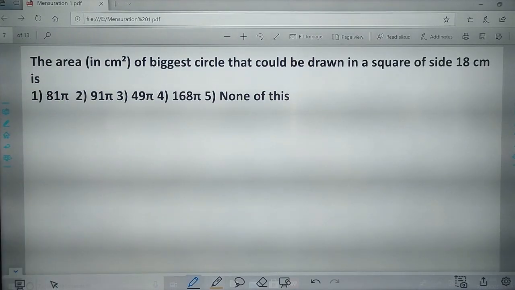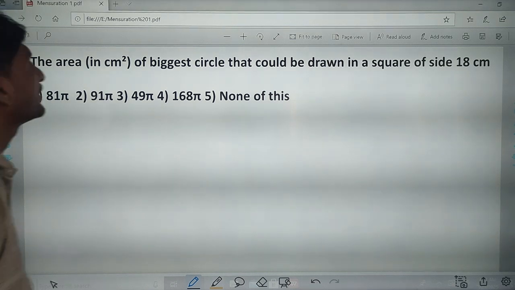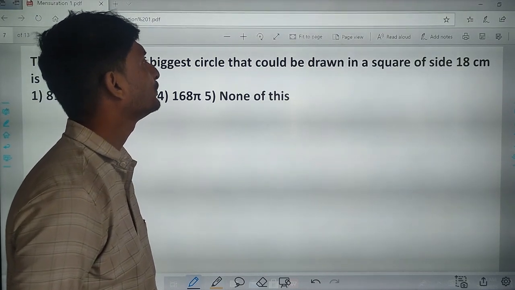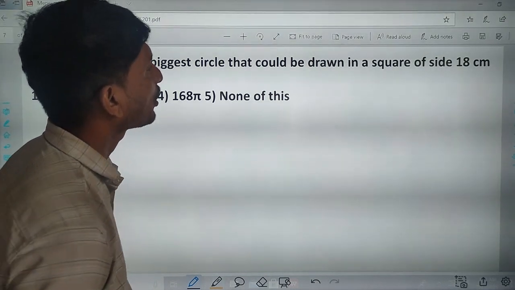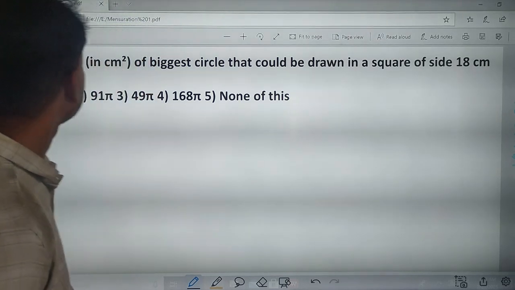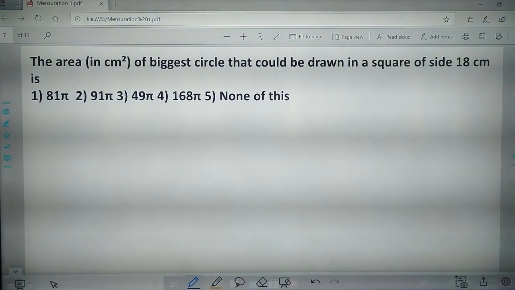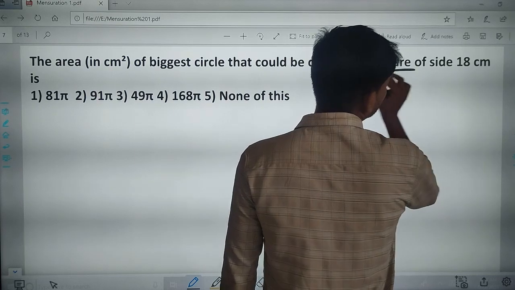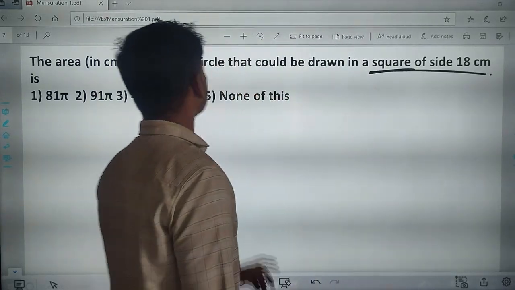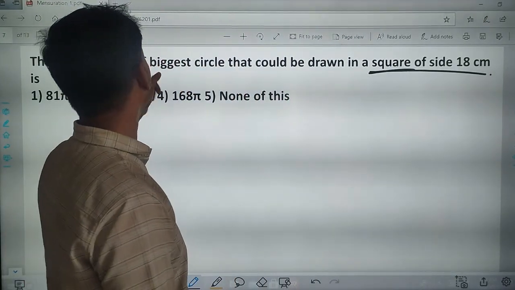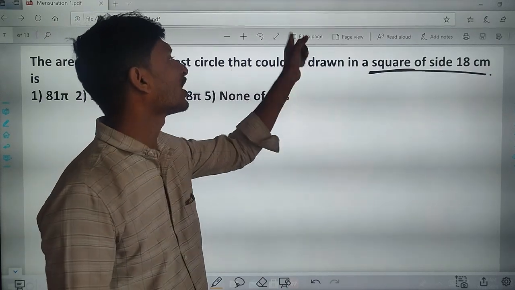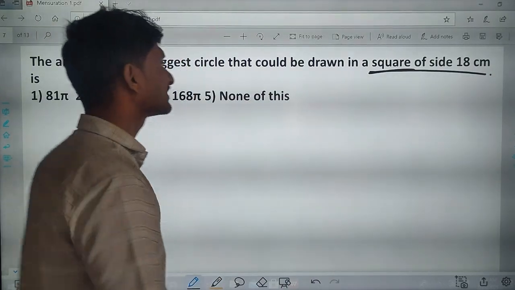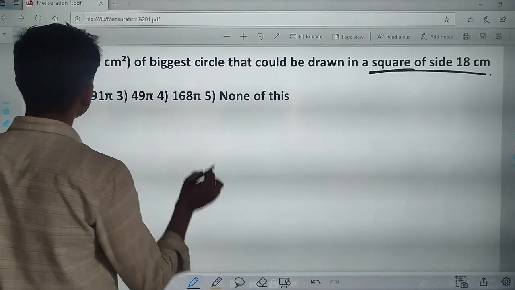The area in centimeter square of the biggest circle that can be drawn in a square of side 18 centimeter is.